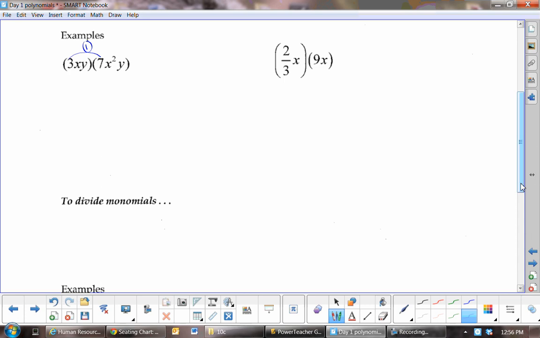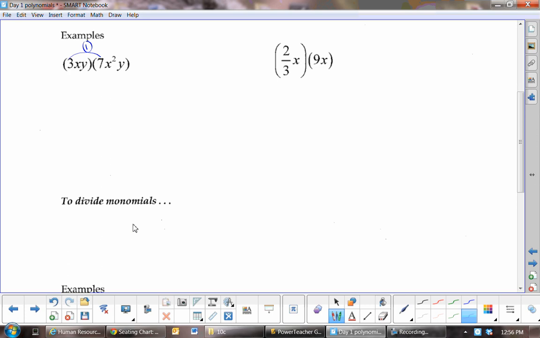How many terms is this, by the way? One, 2, or 3? 1. Those people that say it's 2, what's your reasoning? Is there any pluses or minuses in there? No. This is like one word that's been kind of split up, and now we're going to put it back together.